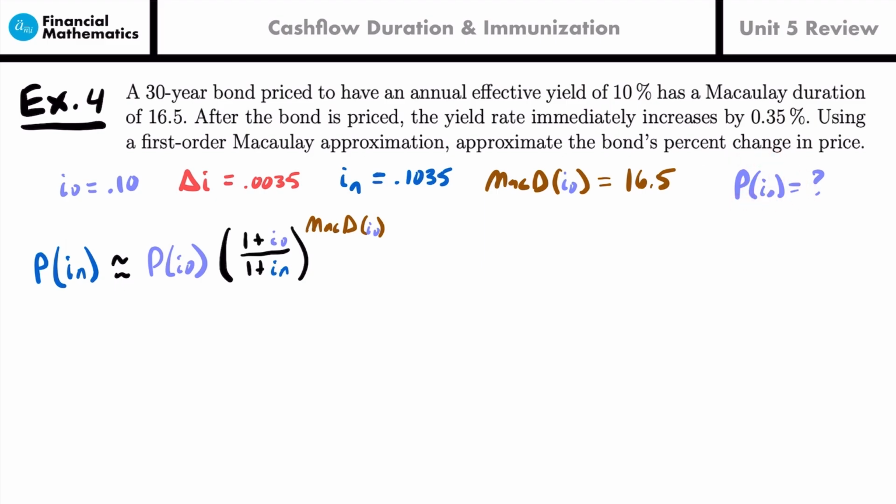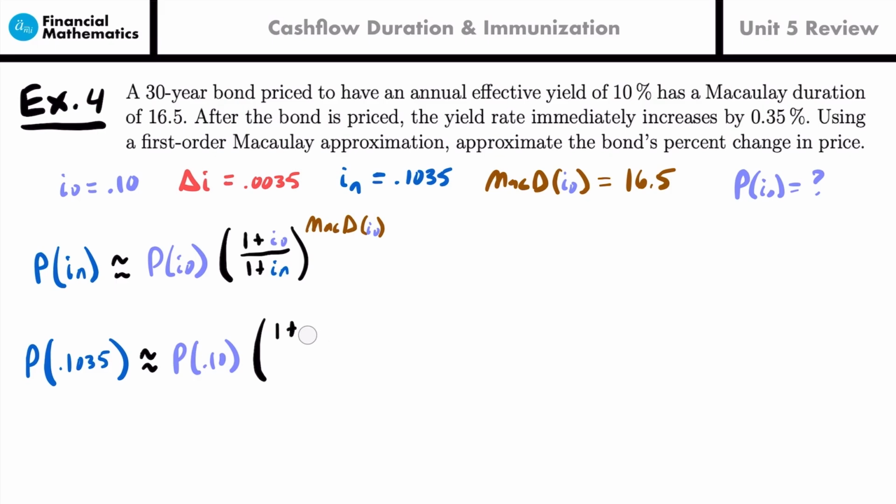All right, but let's say we didn't know that. Let's just put the information that we have into this formula. We'll have that the price at the new interest rate, which is 0.1035, is approximately equal to the original price at the interest rate of 0.10 or 10%, multiplied by 1 plus that interest rate of 0.10.